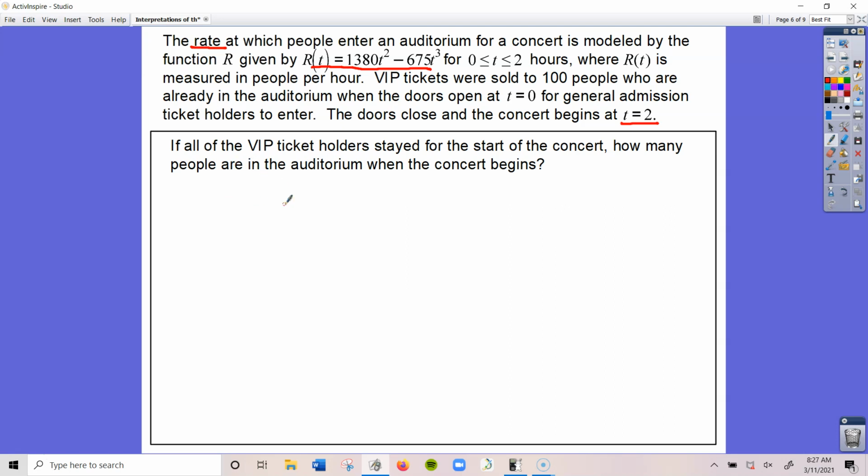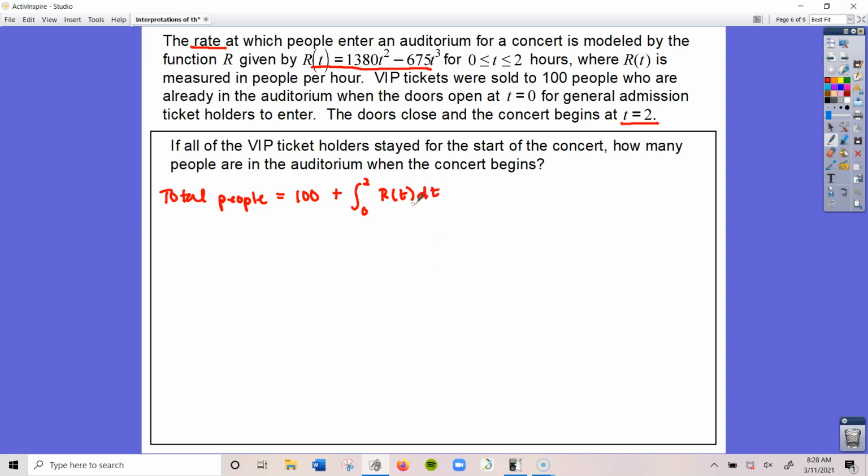So we want to know how many people are in the concert in total. So the total people in the concert is going to equal the 100 VIP ticket holders that were already inside when t is equal to 0, plus the amount of people entering between 0 and 2 hours of r of t dt.